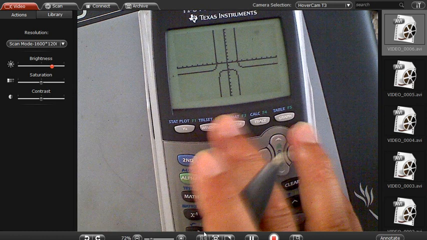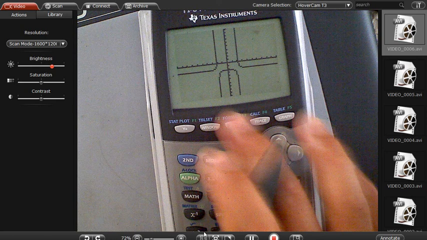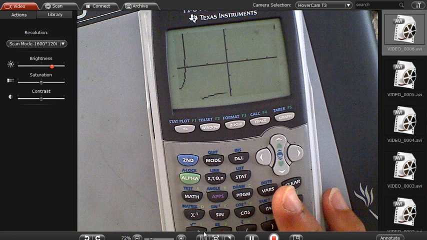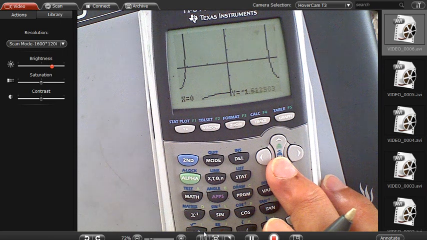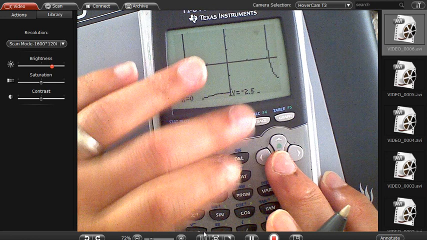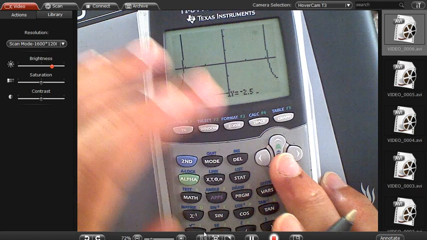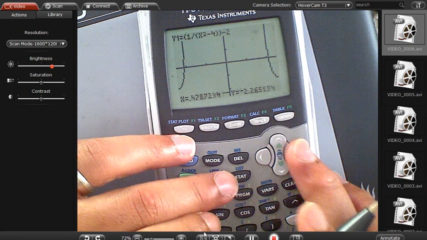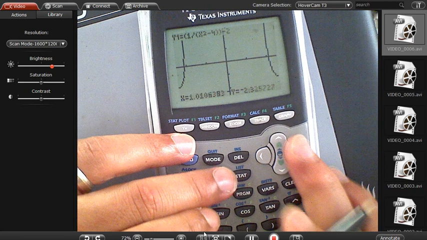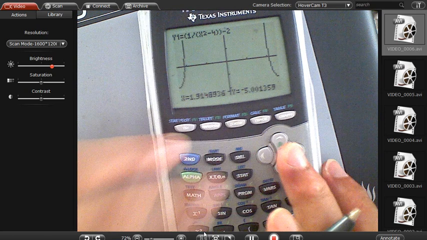Maybe if I zoom in, I can see that it's concave down. Let's see. I can't move it. Trace. Oh, it's not moving it. So let's see.